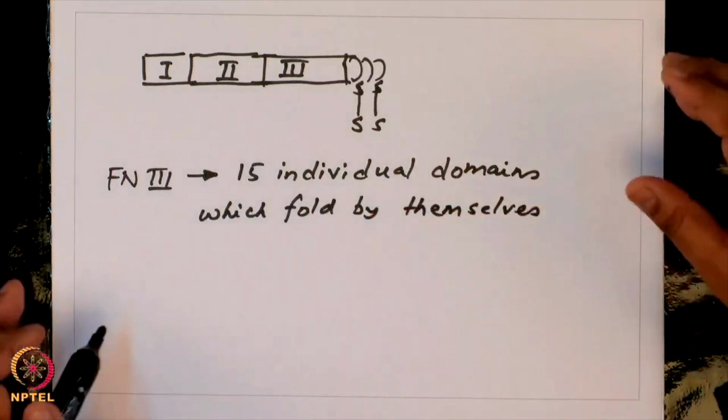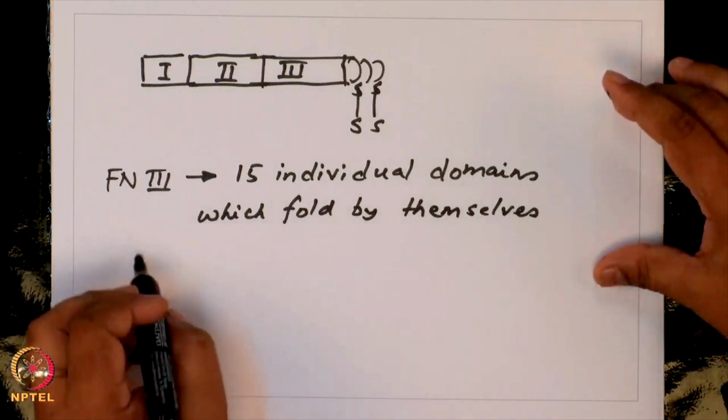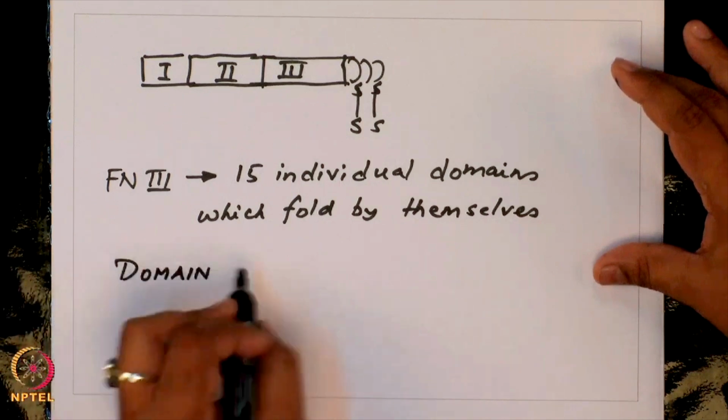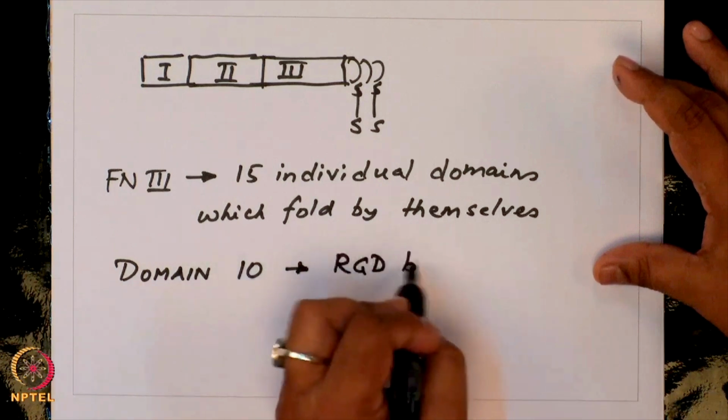Of these 15 individual domains, domain 10 contains the RGD binding site.